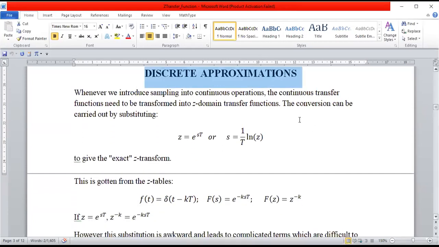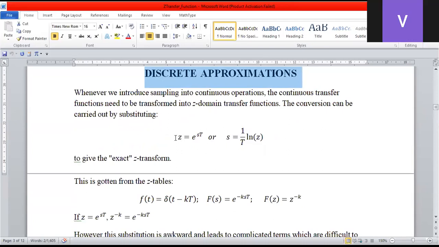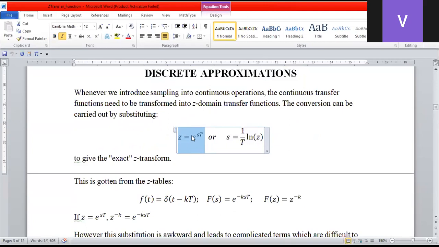Okay. So for this discrete approximation, the way we convert from the S domain, which is the continuous domain, into the Z domain, which is the discrete time domain, is to say that Z is equal to exponential minus ST. And this representation gives us the exact Z transform.